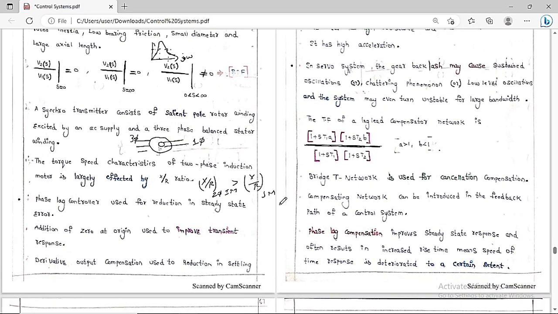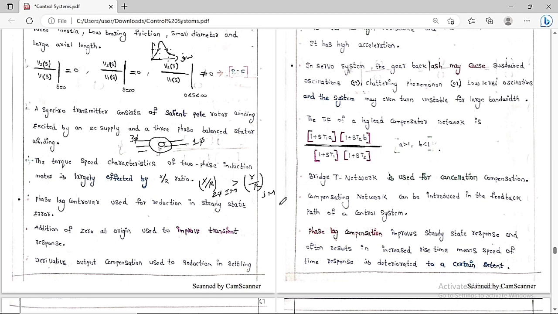The next point is, in servo systems, the gear backlash may cause sustained oscillations or chattering phenomena or low-level oscillations, and the system may even turn unstable for large bandwidth.